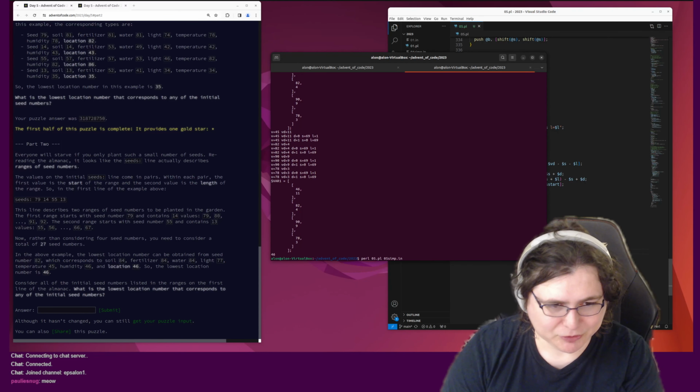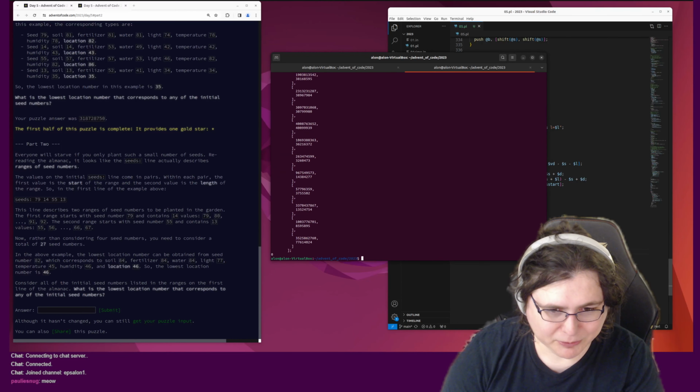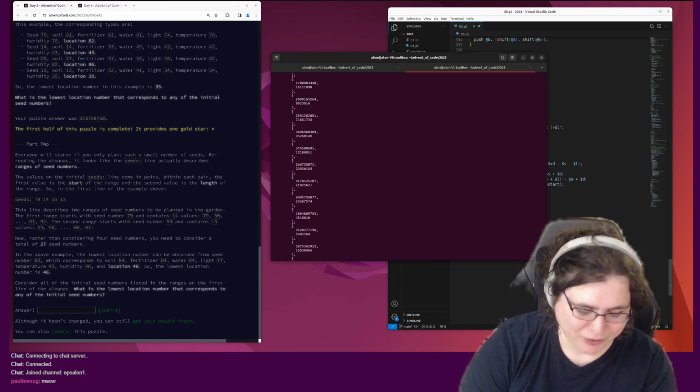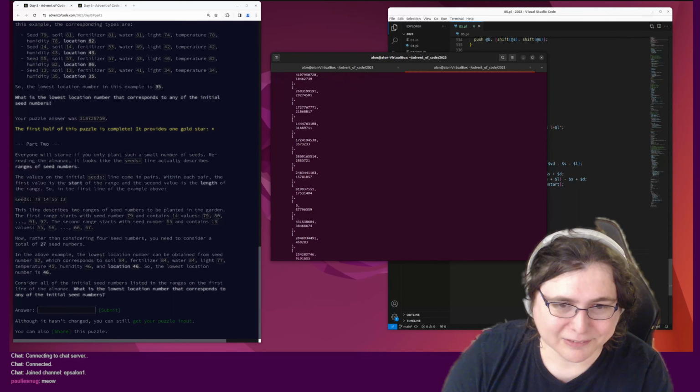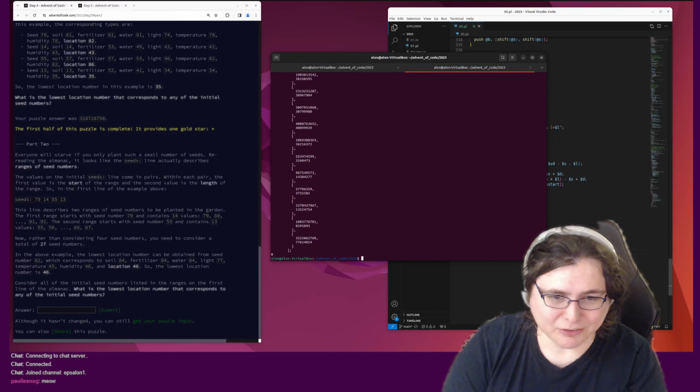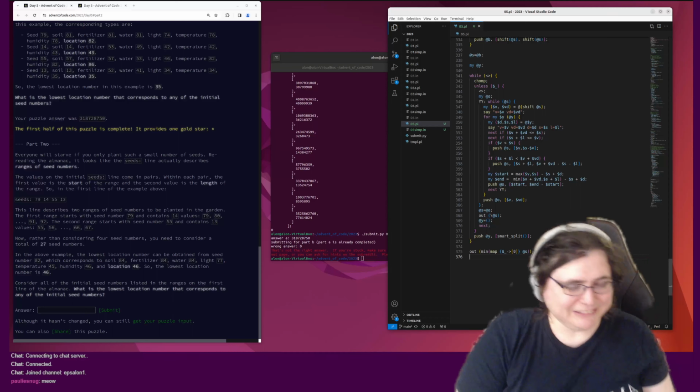Okay, now it prints 46, which is correct. Okay, let's run it on the real input. 0. 0 is definitely wrong. Yeah, I see you had a 0 there. I mean, I'm pretty sure the answer isn't 0. Yeah, okay.